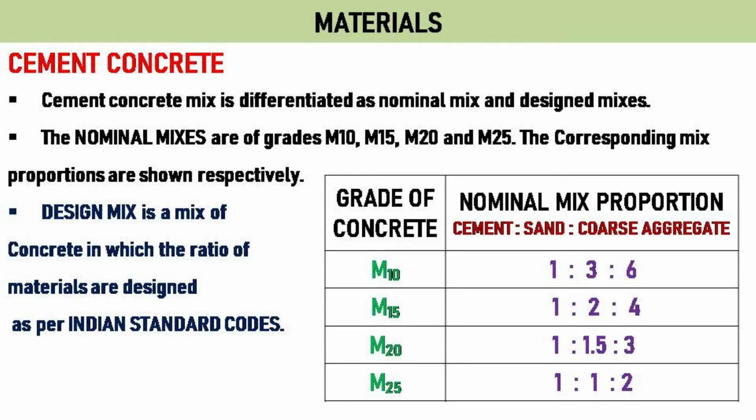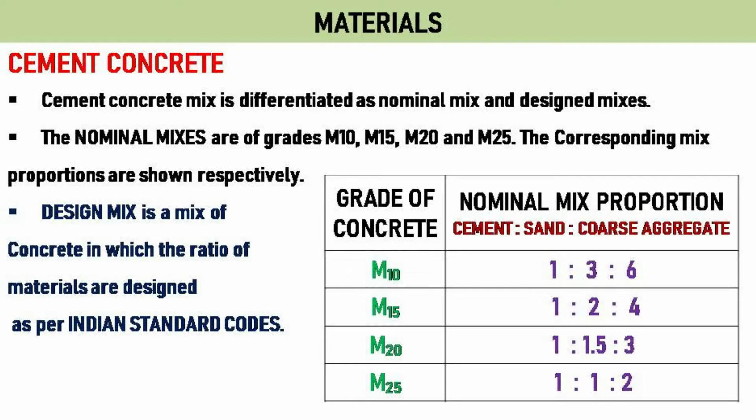That is 1 part of cement, 2 parts of sand and 4 parts of coarse aggregate are mixed to get this grade of concrete. And for M20 grade of concrete the nominal ratio is 1:1.5:3. That is 1 part of cement, 1.5 parts of sand and 3 parts of coarse aggregate are mixed to get this grade of concrete.